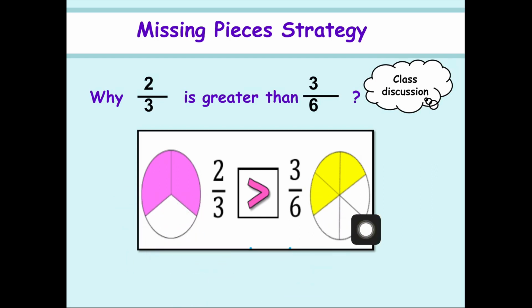So if 3/6 is missing more, that means 2/3 is greater than 3/6, right? Because here more is missing, and over here less is missing. So 2/3 is greater than 3/6.